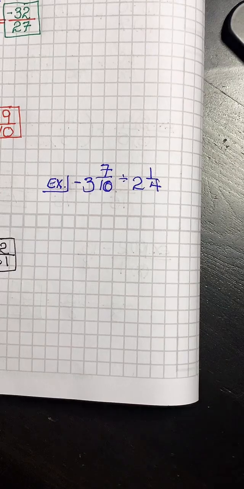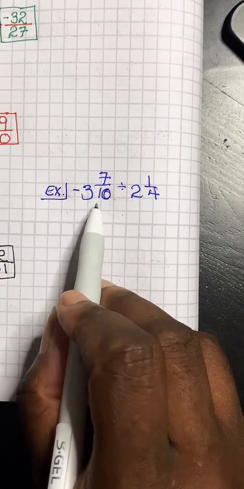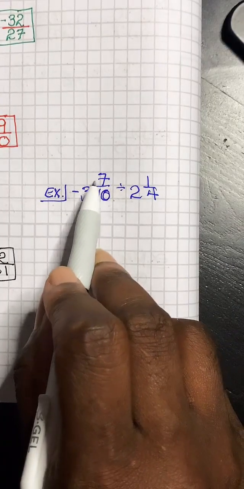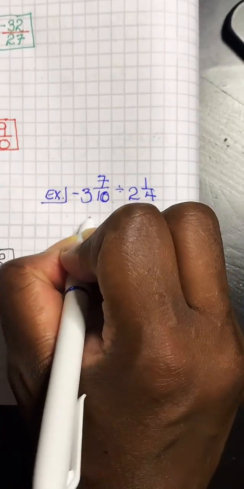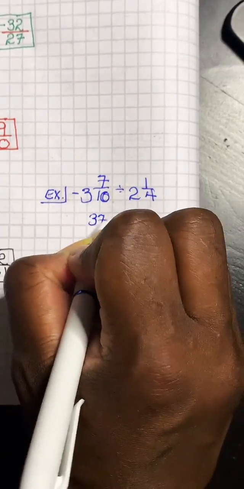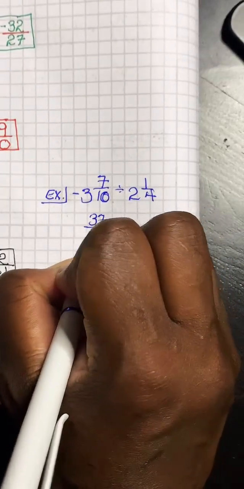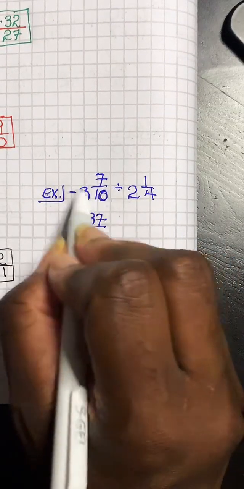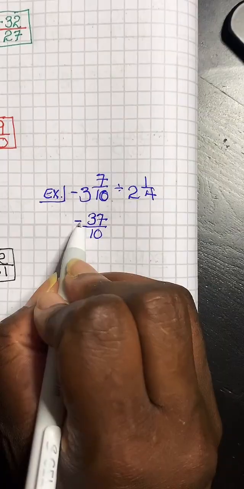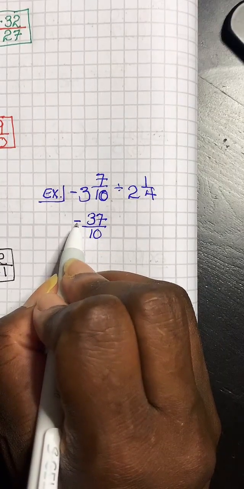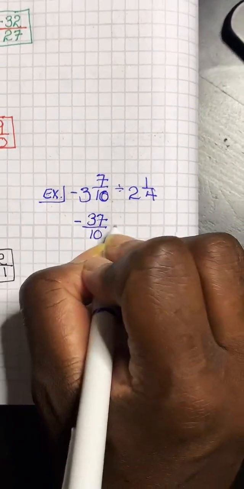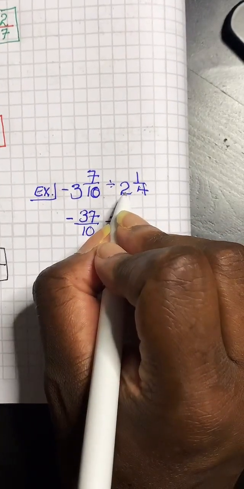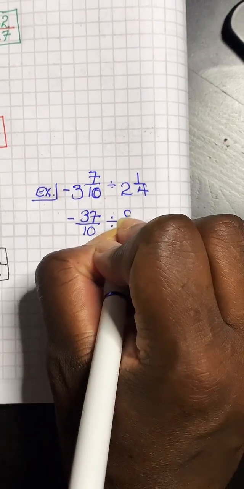So we are going to change this mixed number into improper. So 10 times 3 is 30, plus the 7 gives me the 37 over 10. Okay, we're not including the negative when we're doing our mixed number. That negative just slides over after we do it. Let me do it step by step. So we have our divide by 4 times 2 is 8 plus 1 is 9.